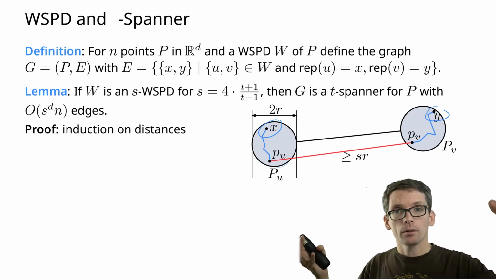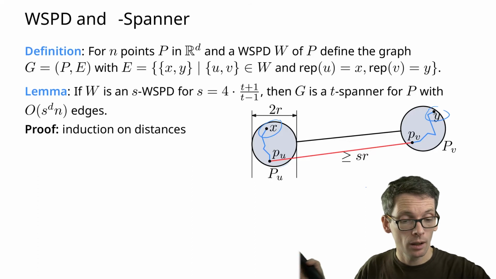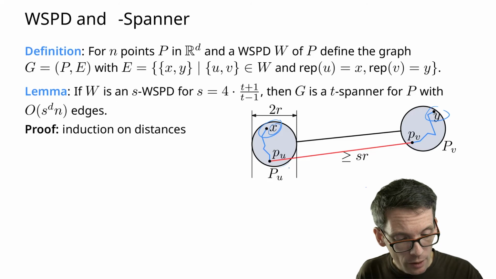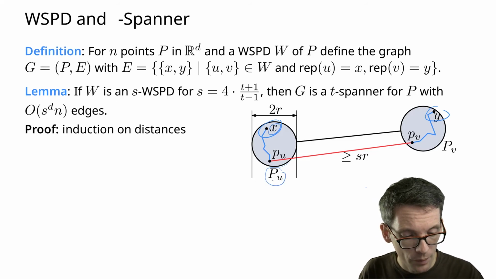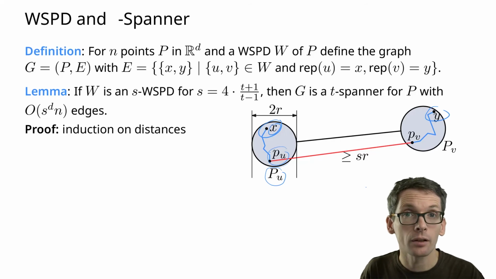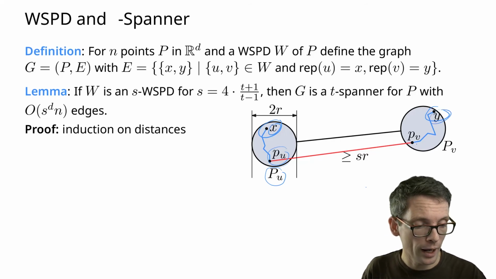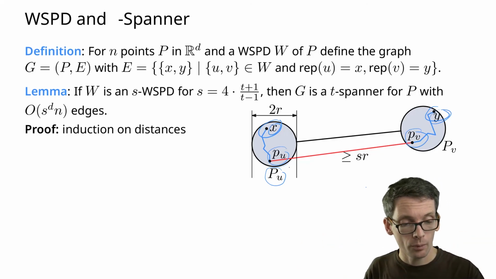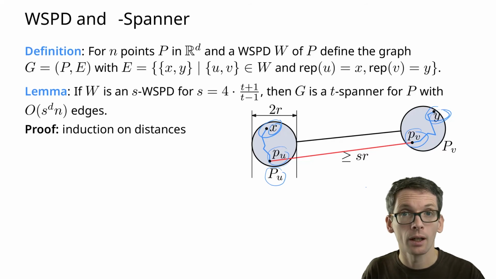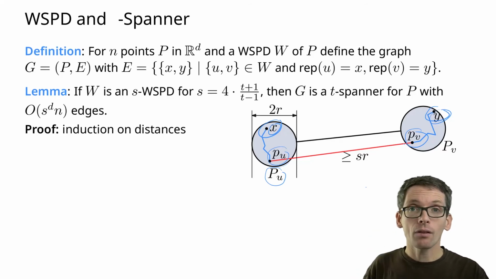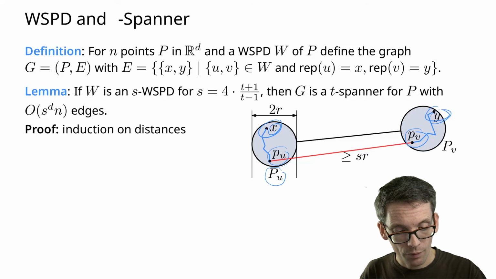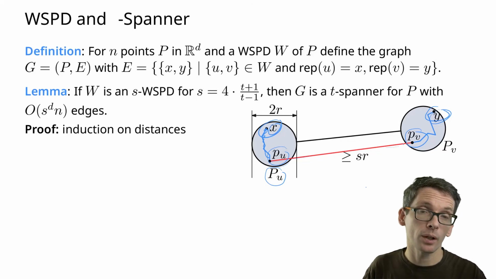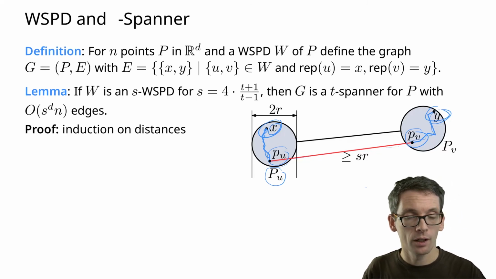So x and y will be in some well-separated pair. So x is, let's say, in the set P_u with representative small p_u, and y in P_v with representative small p_v. So we have the well-separated pair u, v, and the representatives small p_u, small p_v. I'm going to analyze the length of the path that I get if I take the path within the graph from x to p_u, then p_u, p_v, that's simply an edge, and then the graph path from p_v to y.